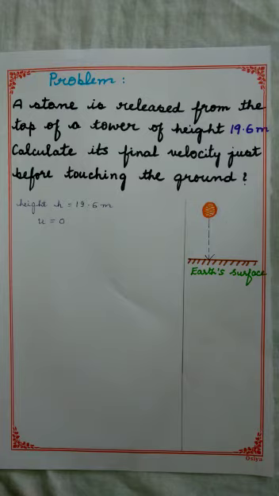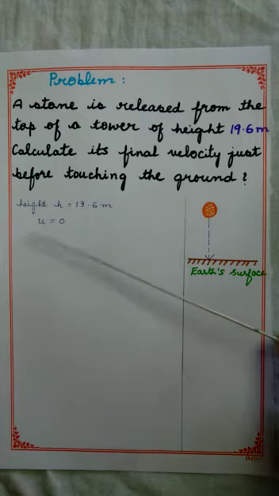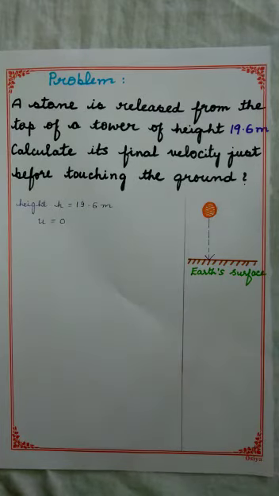Initially, when the stone is released from the top of the tower, the initial velocity u will be equal to 0. When it is released from the top of the tower of height 19.6 meter, we have to find out the final velocity v just before touching the ground.